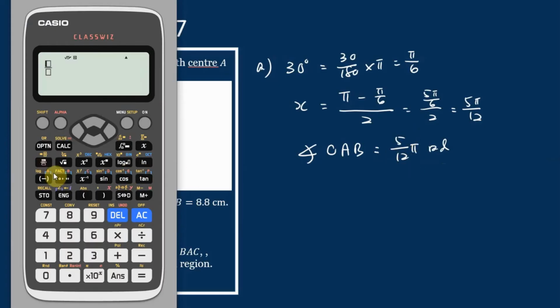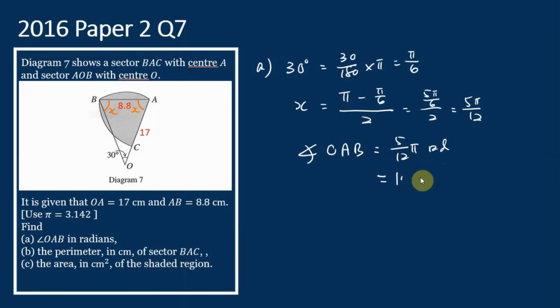So 5 over 12 times pi is equal to 1.309 radian.